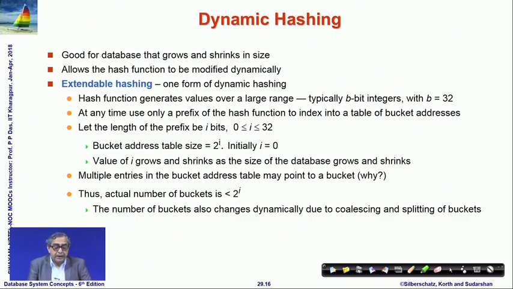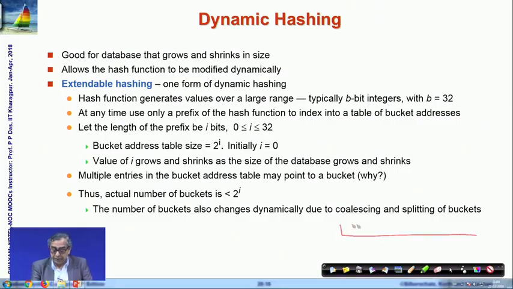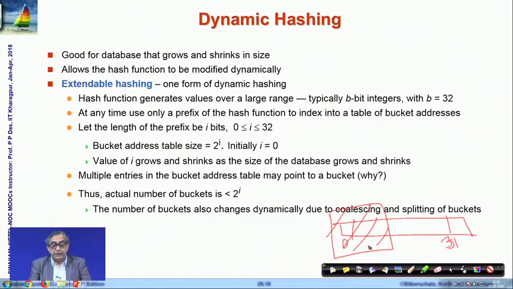So, the hash function will generate a value over a large range, say typically a b-bit integer, say a 32-bit integer. Now, what you have generated is a hash value over 32 bits. But at any time, you use only a prefix of that, a frontal part of that, to index the table to the bucket address, and the length of that prefix is i bits.